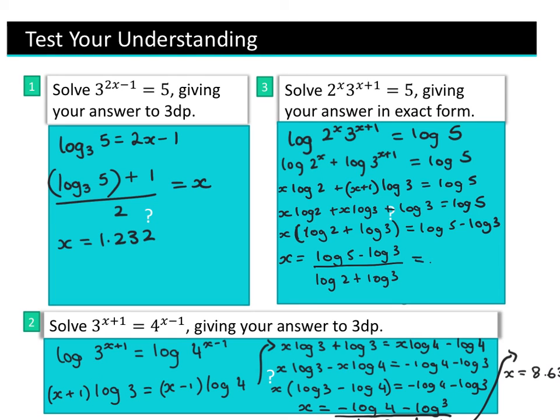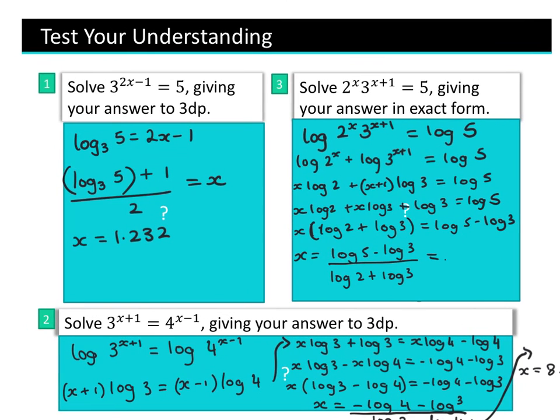Now we could simplify this further. If 5 divided by 3 was a nice number, I would write this as log of a over b. But it's not. So I'm going to keep it as log 5 minus log 3. But we know that log of a plus log of b is the same as log of a times b.